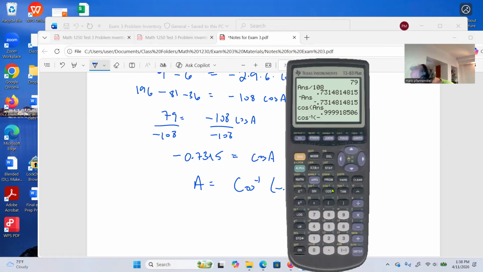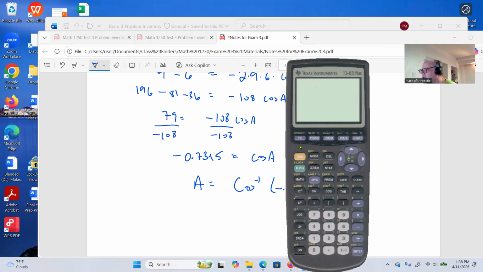Negative 0.73148. Okay, we'll see about that. And it didn't like that. Oh, I'll bet I know why.